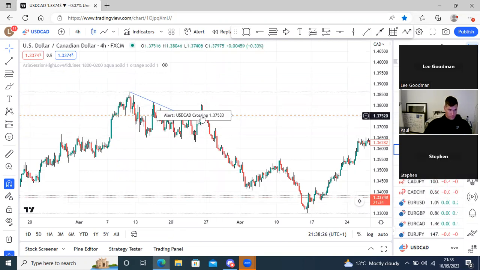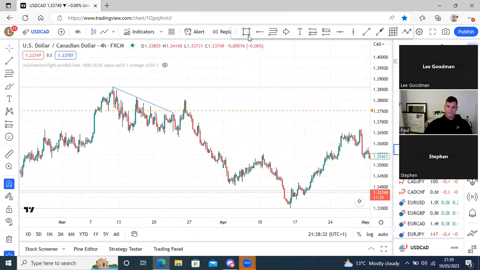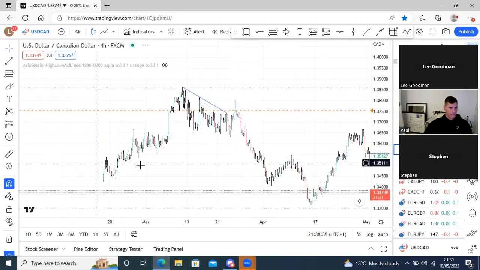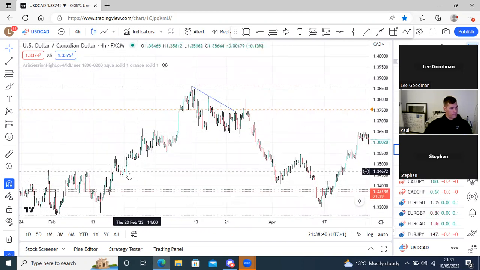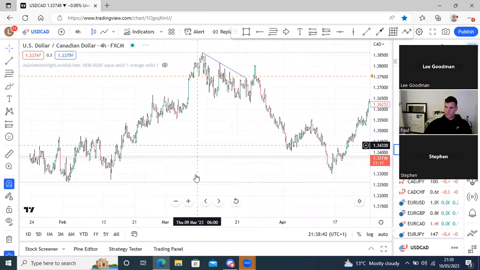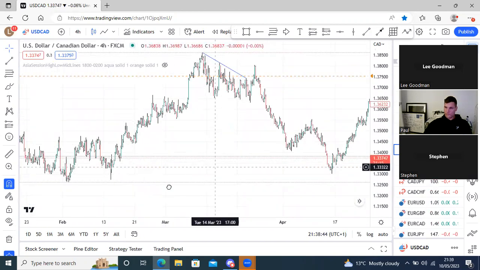So this is the banks and manipulation. What it then does is break structure below here, so it sweeps up, comes below here. Even one of these, but it breaks the lot anyway.